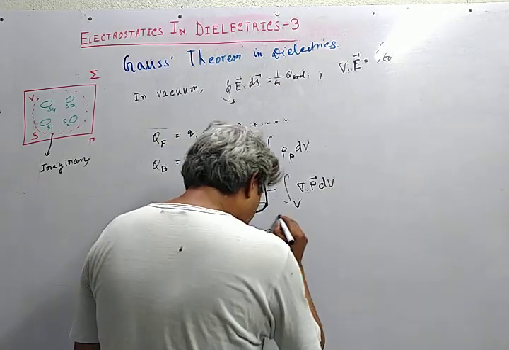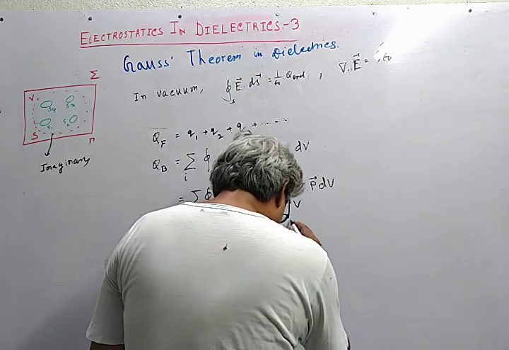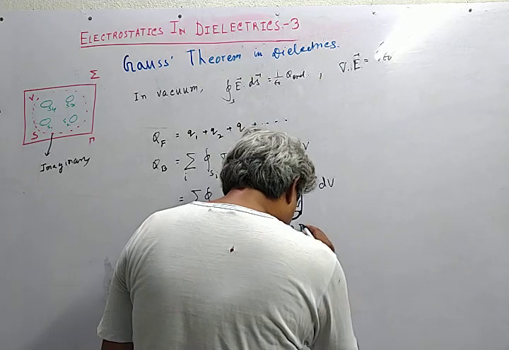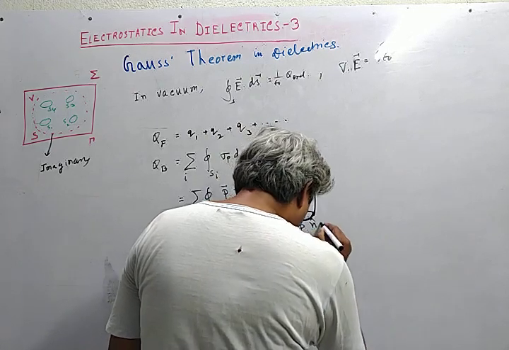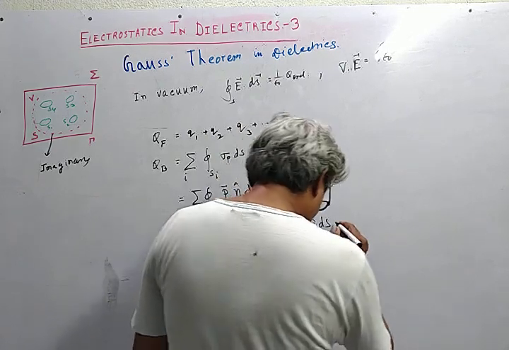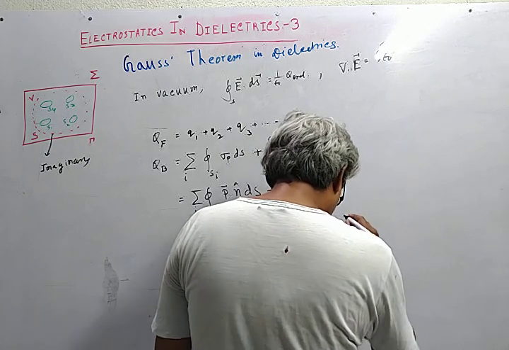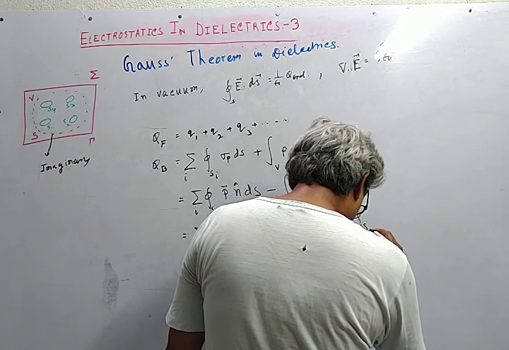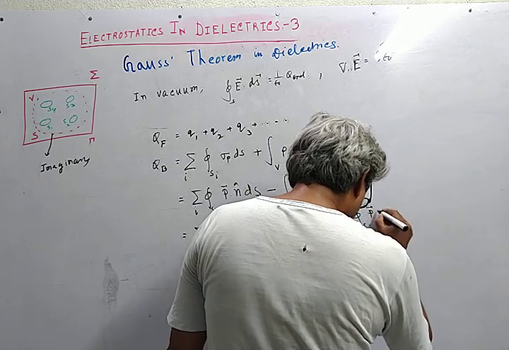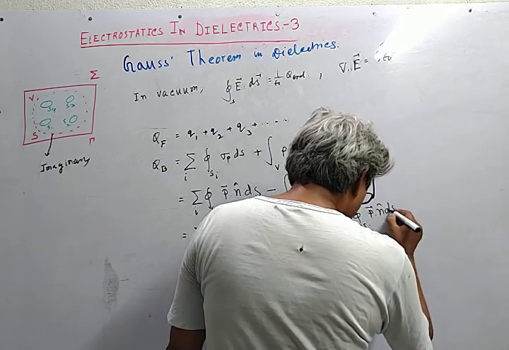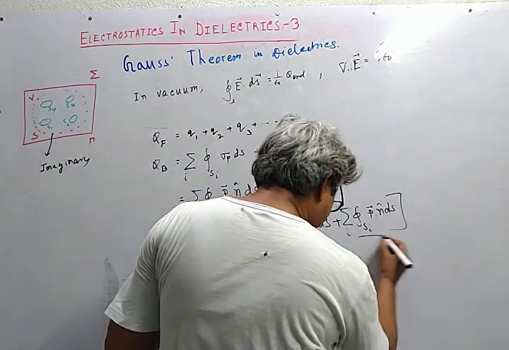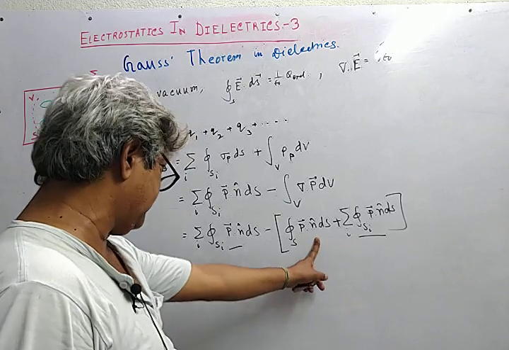So this can be written as minus this contribution, first the S. These two contributions get cancelled, leaving this one only.